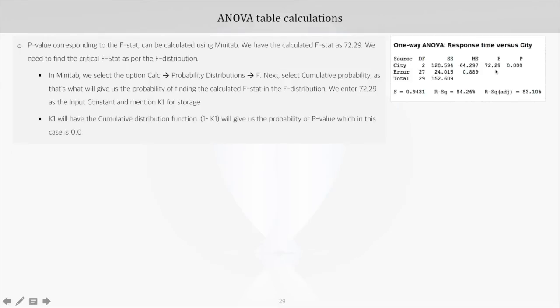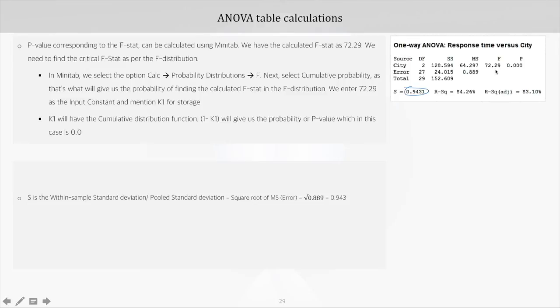Once we run this, we get the probability stored in K1. So 1 minus K1, when we calculate, gives the p-value. So that's about the p-value from a calculation standpoint.